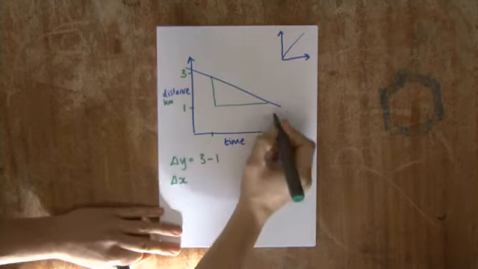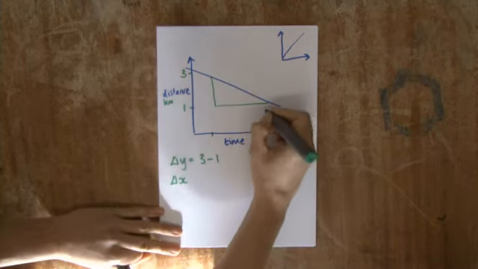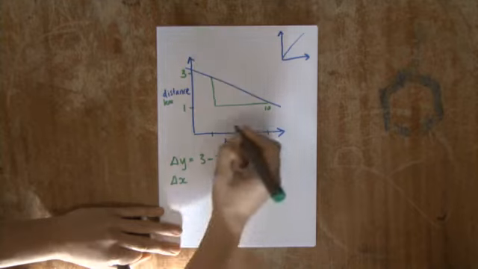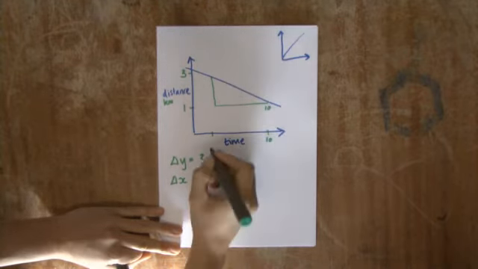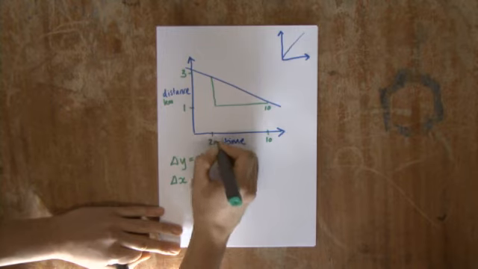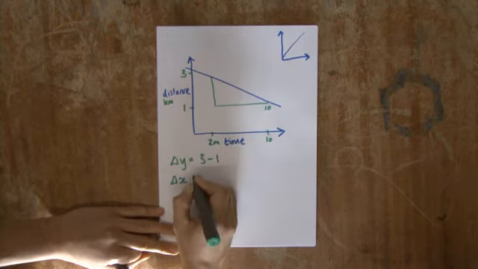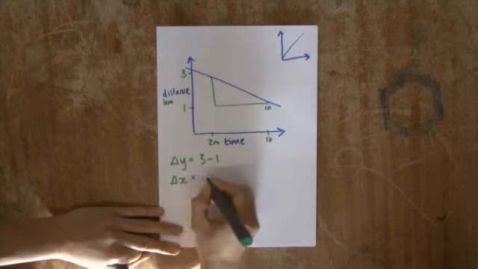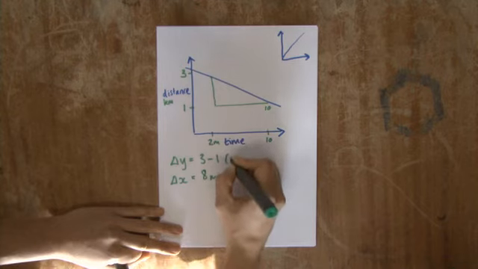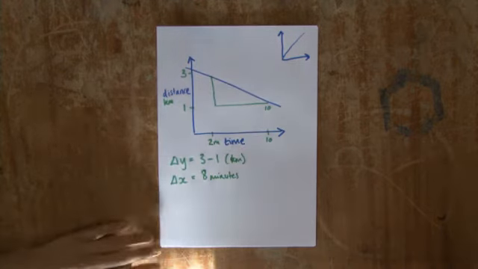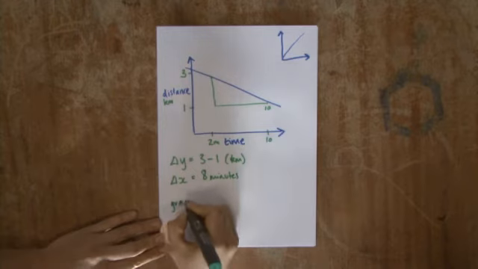Now our change in x is going to be 10. Let's say that's 10. That's 10 minutes, and this is 2 minutes. So our change in x is 8 minutes, kilometres.